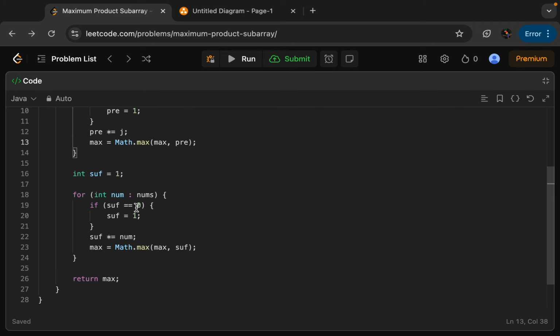Similarly, we are finding the suffix, but instead we are iterating from the other side.